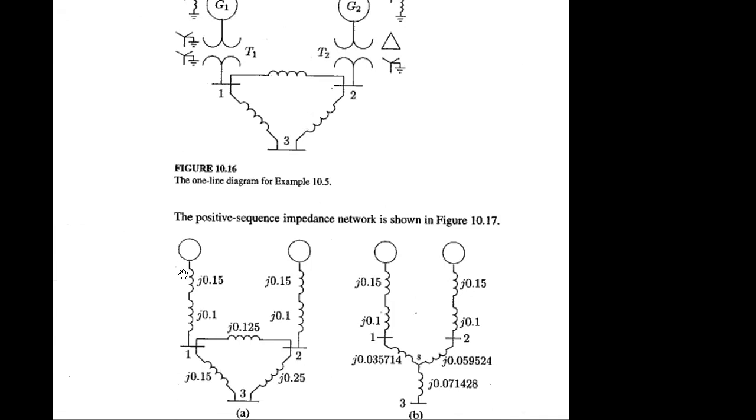So check 0.15 and 0.1 there, right? For this path. For the second path, it is generator 2, transformer 2. Here you can see the difference. The positive sequence transformer equivalent circuit will not have any impact from the internal configuration. Okay, remember that. Only the zero sequence transformer equivalent circuit has the internal circuit issue.